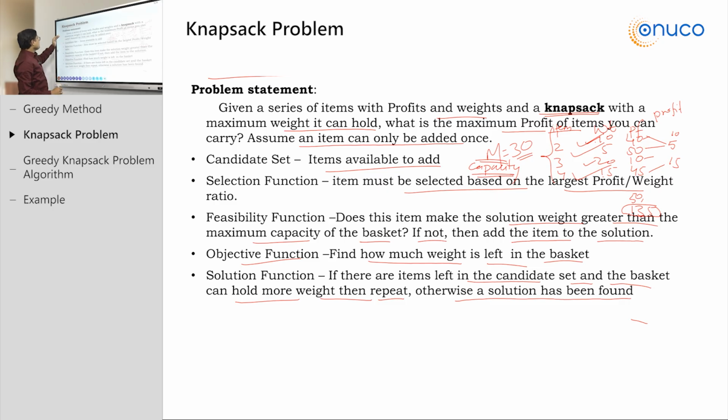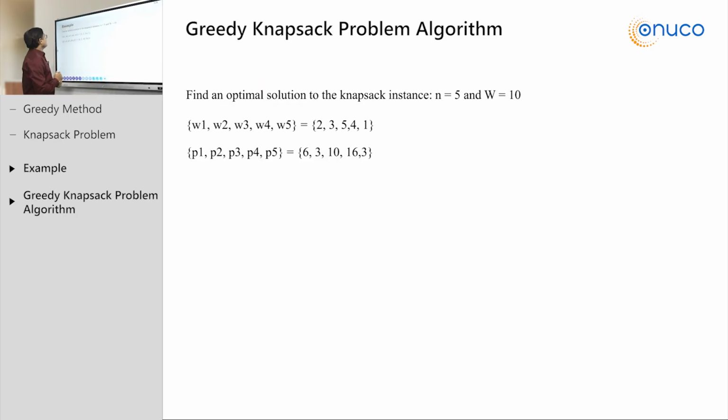So this is how we correlate the knapsack problem with these 5 points, which are to be remembered to implement the greedy method. Basically, it's not that we implement all 5 points, but in most greedy methods, these 5 points come one after the other. Let us see that in an example.